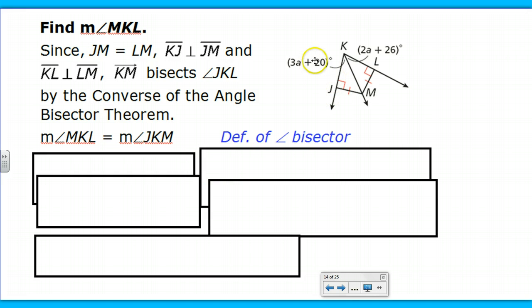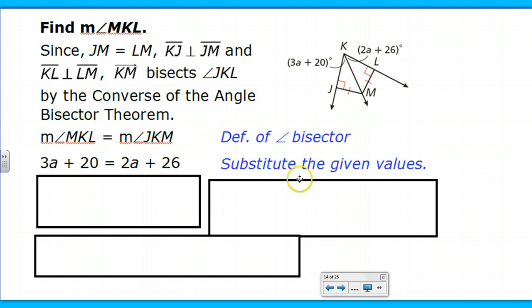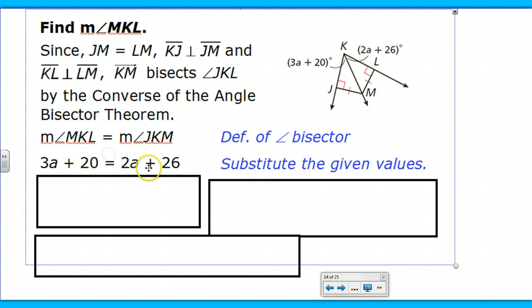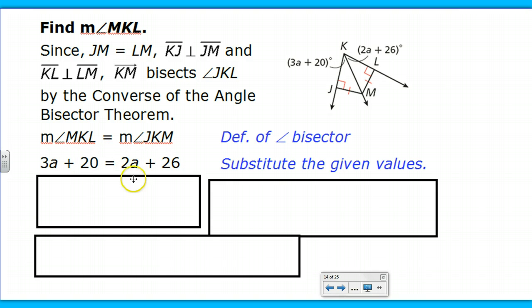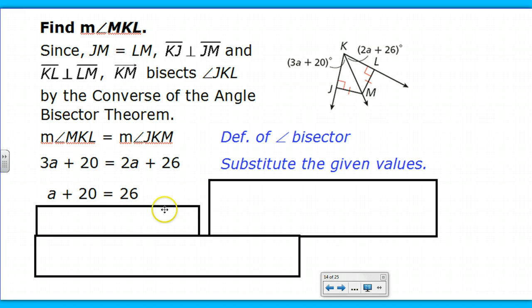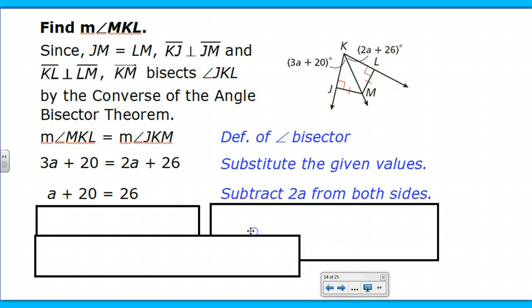And so we actually have expressions we can substitute, right? So we do. We substitute the expressions for those angles. And now what can we solve for? That's right, we can solve for the A, the one unknown. So let's collect our A's to one side, right, by subtracting 2A from both sides. And then we'll subtract 20 from both sides, right?